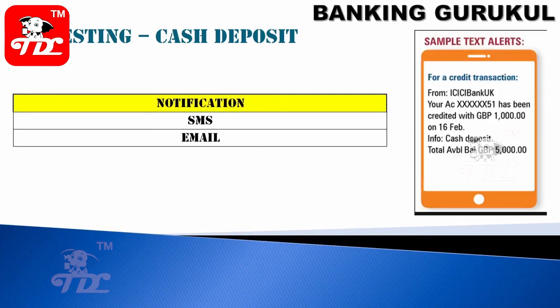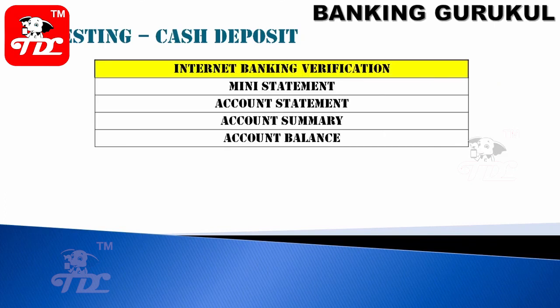And you can verify after the cash deposit whether the customer is getting SMS and email, and you can also verify the content of the SMS. You do a transaction in the branch and go to internet banking and verify the mini statement, account summary, and account balance, whether the cash deposit transaction has updated there.